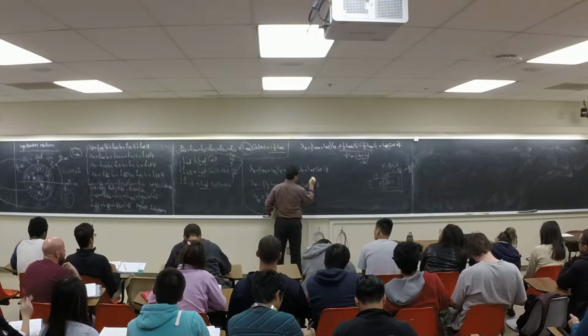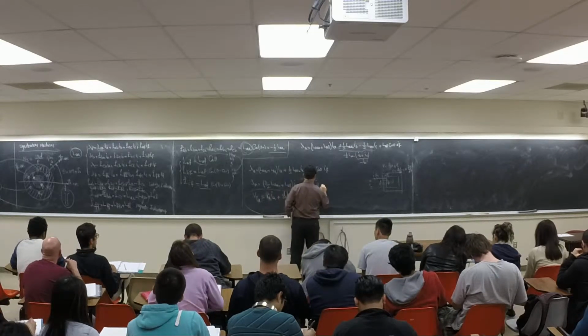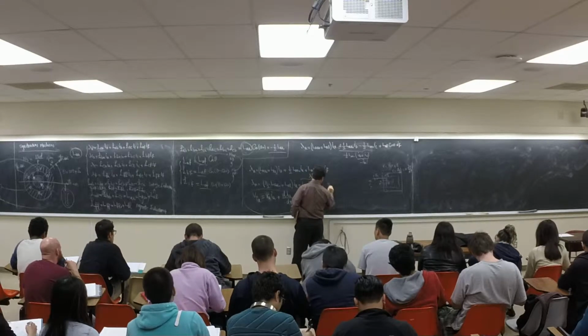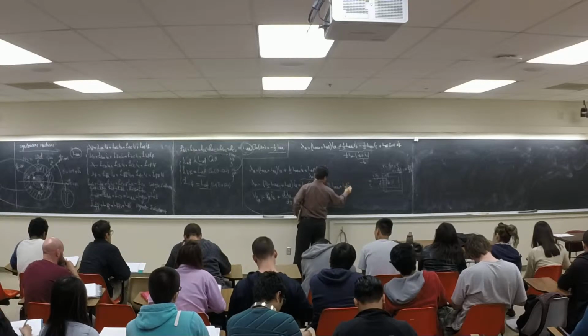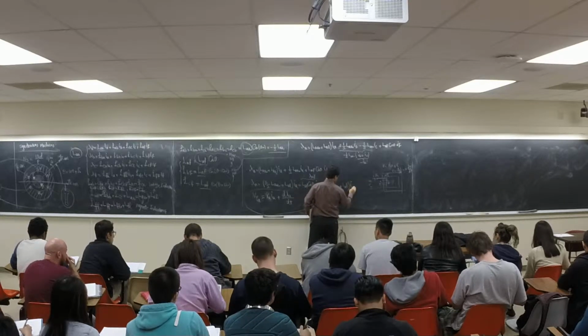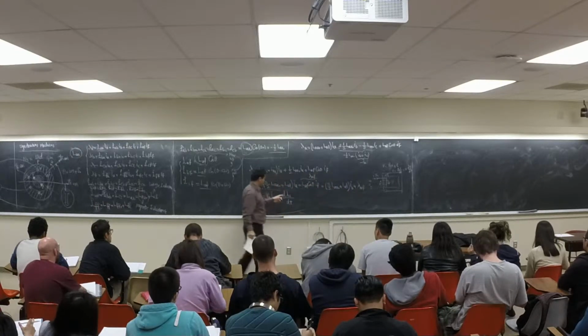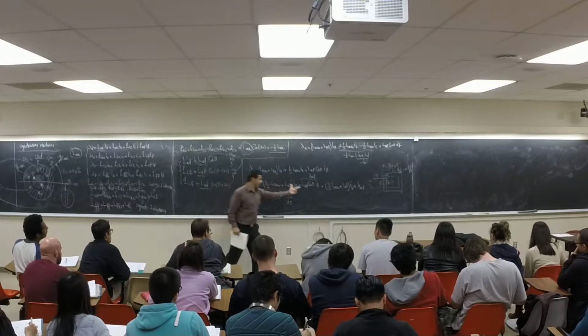Let's call this one for now lambda AF. So basically it's going to be... right. The dimension of this one is lambda, right? Because on this side is lambda, this one is lambda, right?